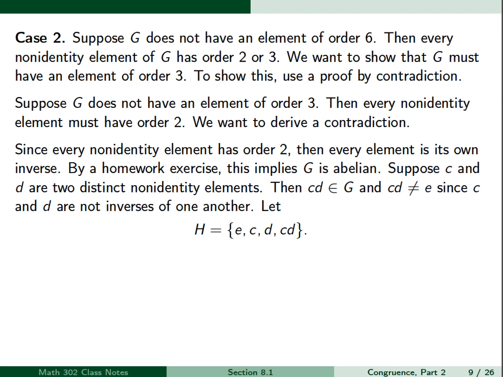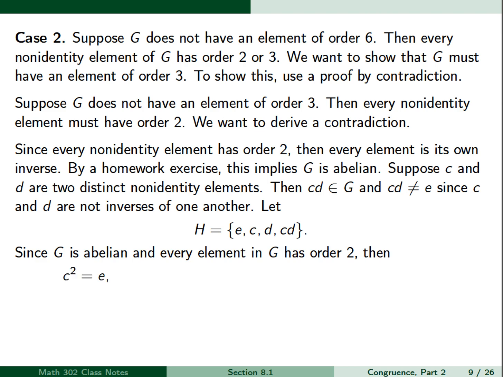So let's let H be the set containing E, the identity, C, D, and the product CD. Now, since G is abelian, and every element in G has order 2, then C squared is equal to the identity. C times CD will be C squared times D, which is just going to be D. D squared is equal to the identity.